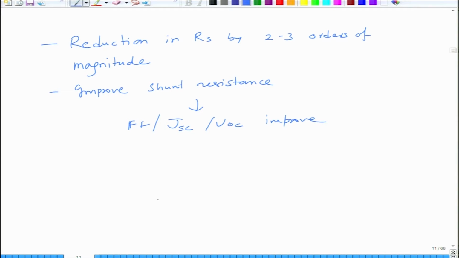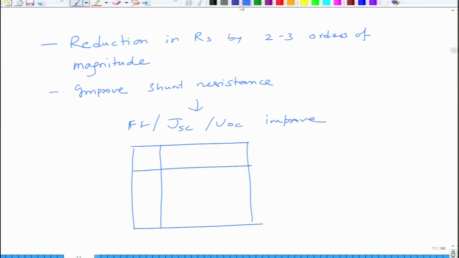So, if you just qualitatively want to look at the effect of this treatment, let us say you plot J versus V. So, if this is 0, let's say 5, 10, 15, 20, 25. This is milliamps per centimeter square, JSC.